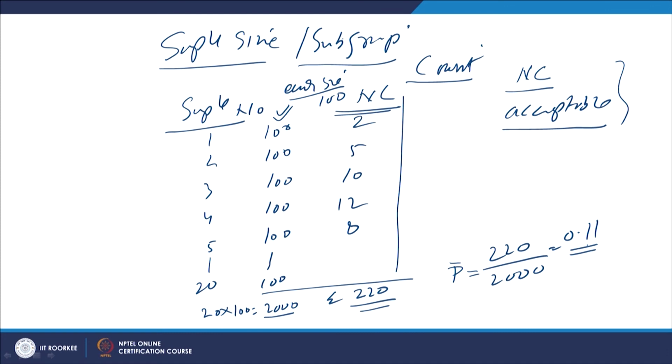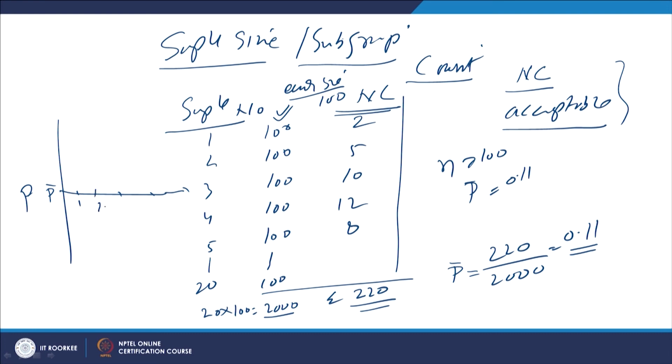This is how we calculate the value of P bar, and here n is 100 and P bar is say 0.1. In the control chart, P bar will be the center line, and the value of P will be plotted for the different samples.